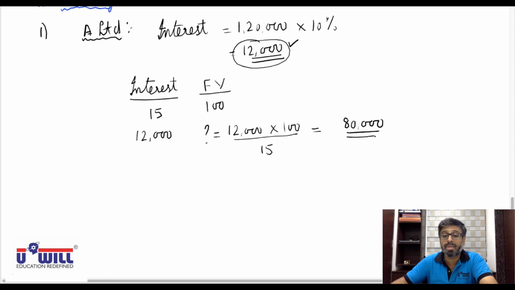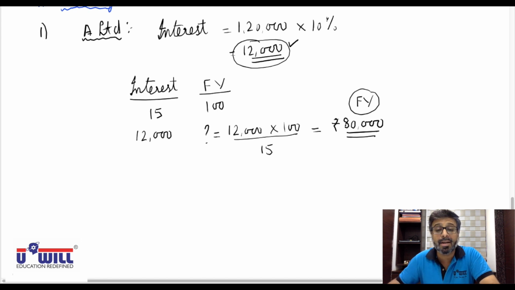So what should be the face value of debenture in the new company? It should be 80,000 rupees. Then only the debenture holders will earn 12,000 interest. Cross check: if the face value is 80,000, then 80,000 into 15% interest, do they still earn 12,000 rupees in the new company or not?